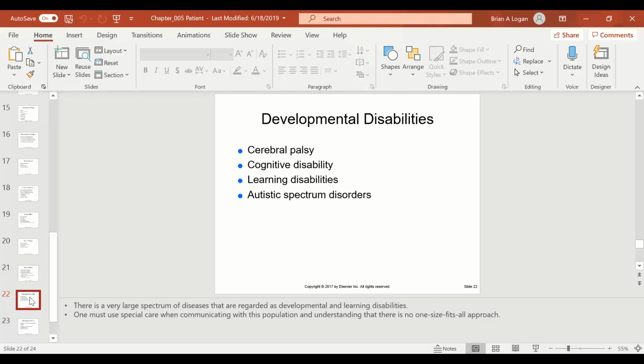Some patients can have developmental disabilities, right? Like Down syndrome.